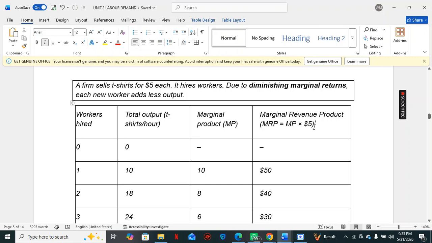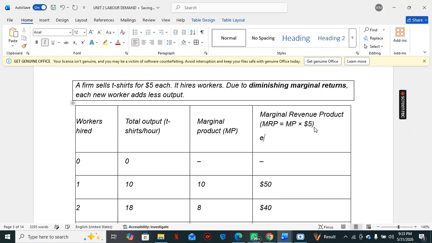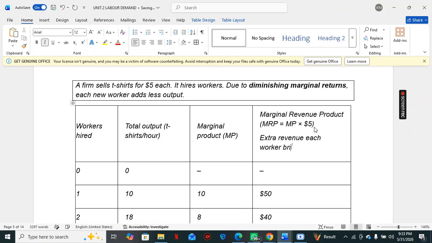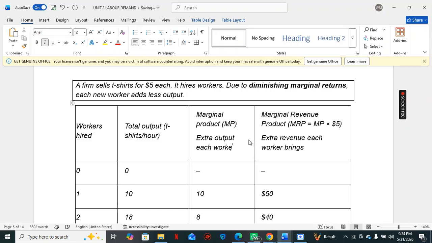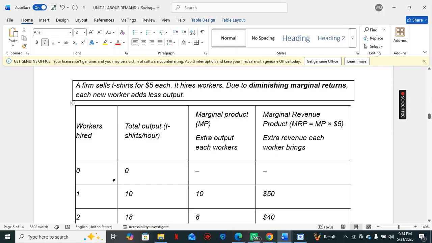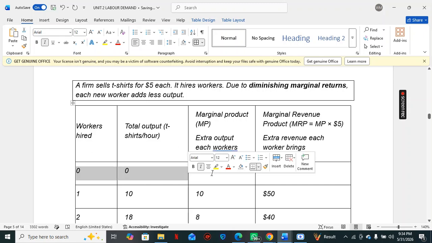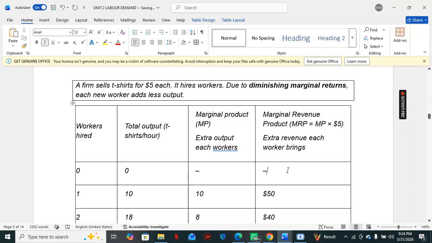Remember, marginal revenue product is the extra revenue each worker brings. The marginal product is the extra output each worker brings. So let's say you've got 0 workers hired, you're not making any shirts, no marginal product, no marginal revenue product.